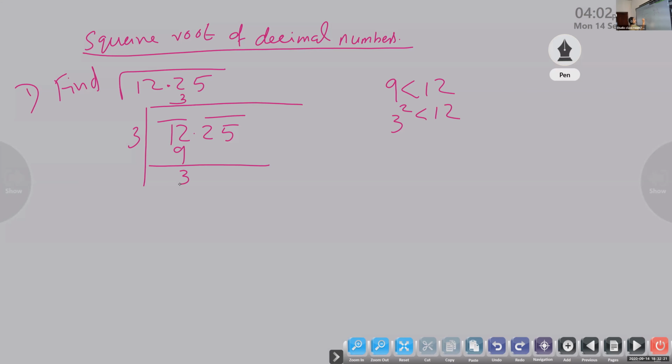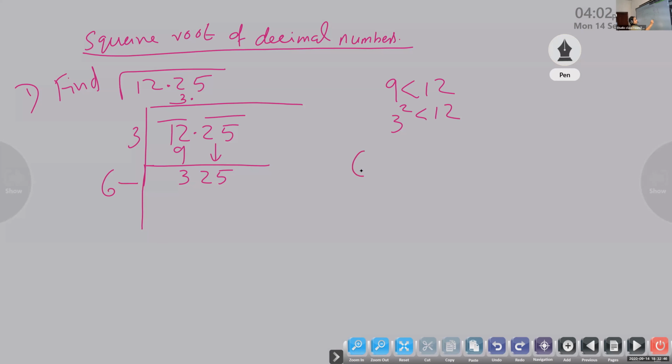Now we take this 25 downwards, but since the decimal point is there, we need to put a decimal on the quotient. Double the quotient, it is 6. Put a dash.